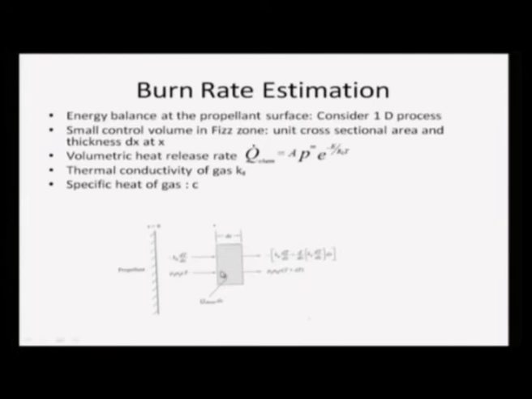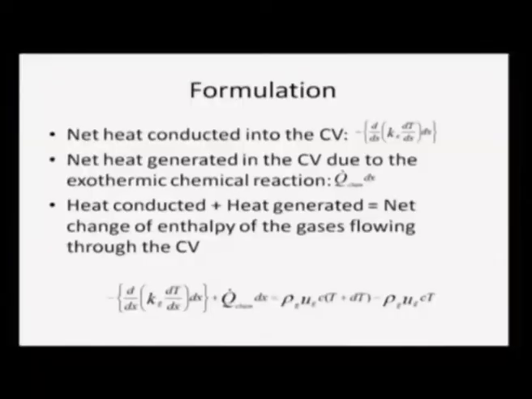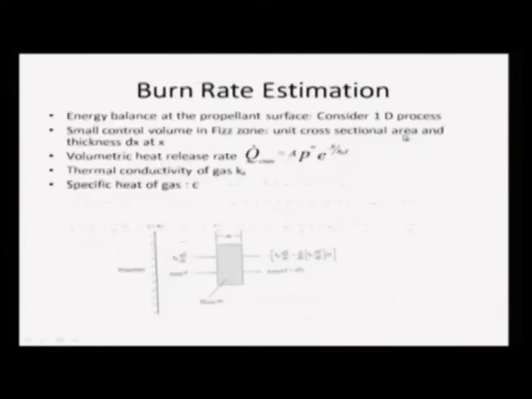Now, if I do a full energy balance of this process, first of all, let us identify three changes in energy, not sources. One is the net heat conducted into the control volume. The rate of heat conduction will be given by Fourier's law, which is kg dT/dx, where kg is the thermal conductivity.